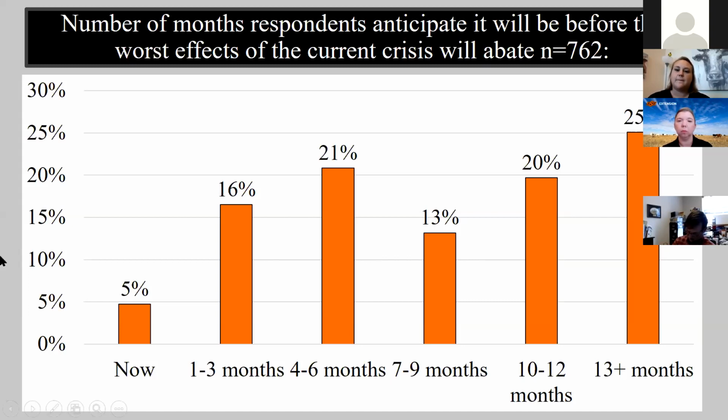Looking at the big sample, most people, you have two little groupings here. One that thought it would be between 1 to 6 months, and a group of people who thought it would be 10 or more months. So most people were expecting the new normal to be around for a little bit. They weren't expecting to return to typical business, typical health, all of that sort of thing quickly.